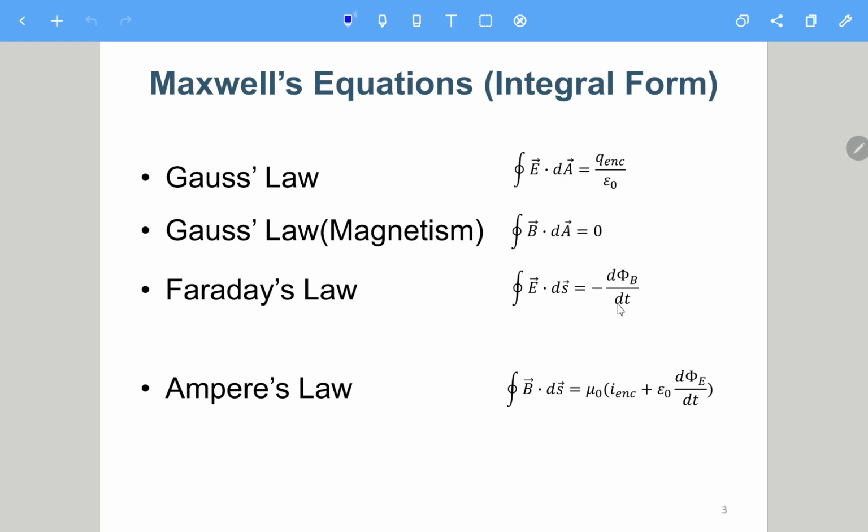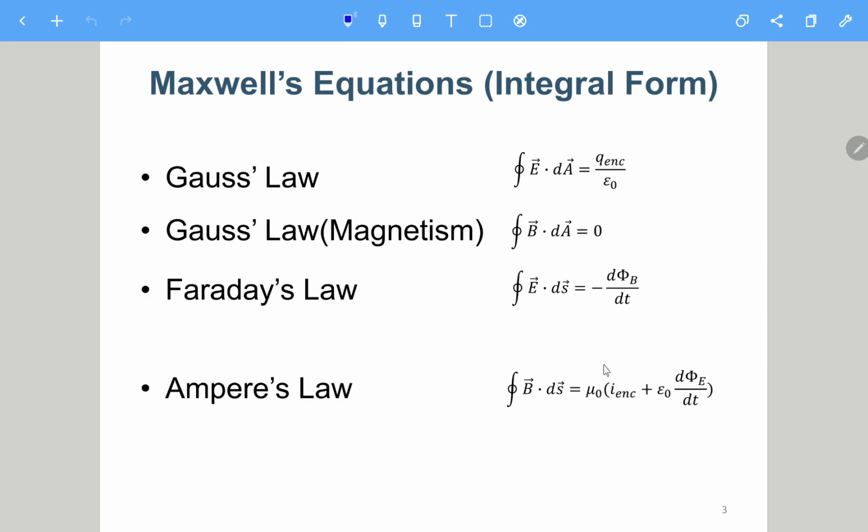On the right side, the derivative of phi B, and then take the minus sign, which means that if we have a changing magnetic flux for the loop, it will generate an E field. And for the fourth, if you just ignore this part, if we have a changing E field, it will generate a magnetic field. Of course, this static current will also generate a magnetic field.